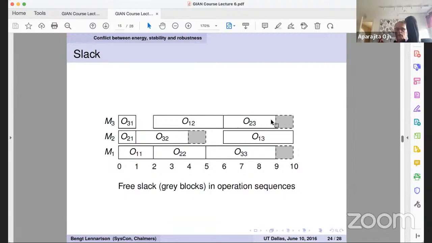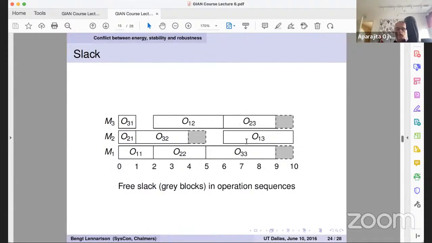On the other hand, what the energy consumption does is that it tries to avoid the slack, because here we have a waiting time. Why shouldn't O23 be completed before O13? It can go slower, and then be ready at the same time as operation O13, and the same for O33.